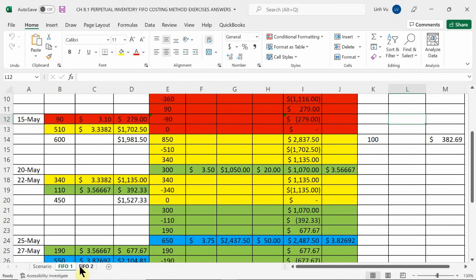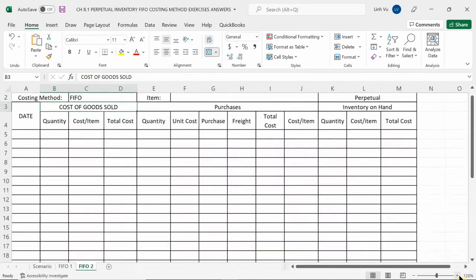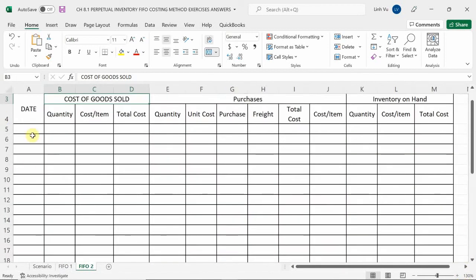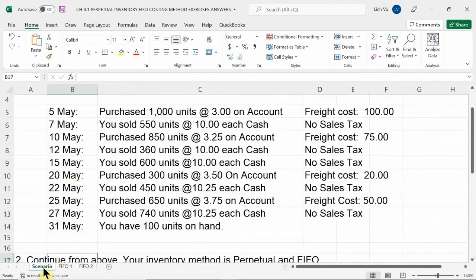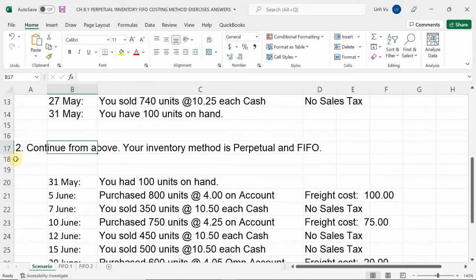So the second half that we're going to do here, right, we have beginning inventory. All right, what we're going to do is we're going to copy it over exactly like how we see it, right, from our previous one. So question 2 says we're going to continue on from above, okay, and your inventory method is perpetual and it is FIFO, okay, and it gives us that on May 31st you have a total of 100 units left on hand, and that is true.